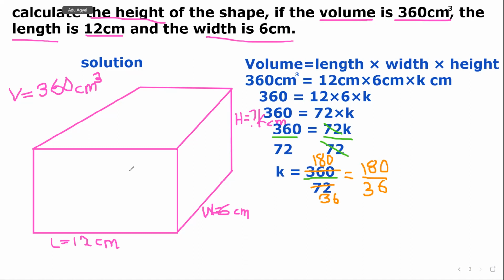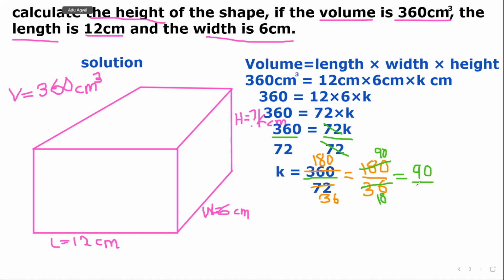Now you choose another common multiplier to cancel. I think you can also use 2 to cancel the 180, and then you get 90, and the 36 you cancel with the 2, and then you get 18. So here you cancel, 2 goes here, 90, and 2 goes here, 18.